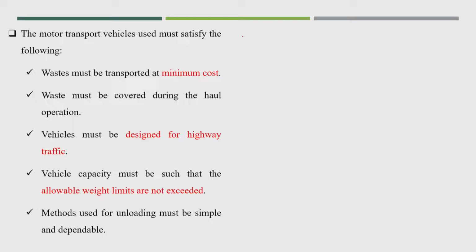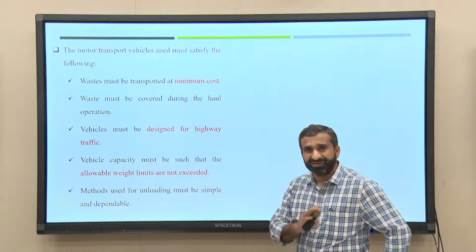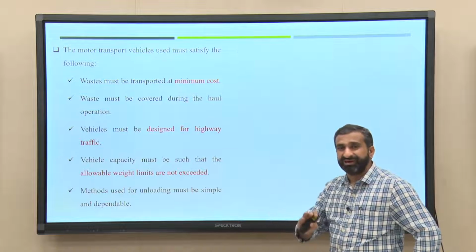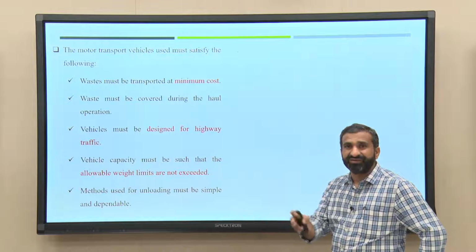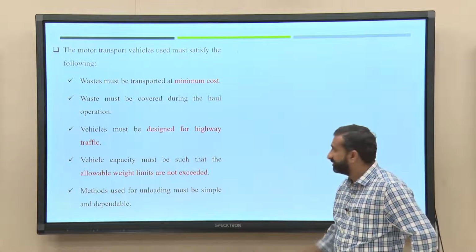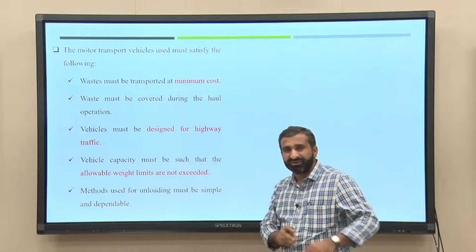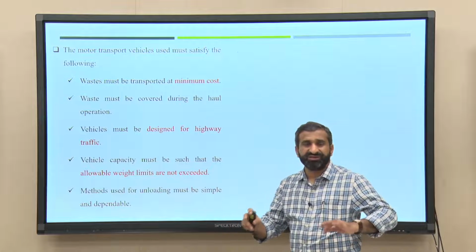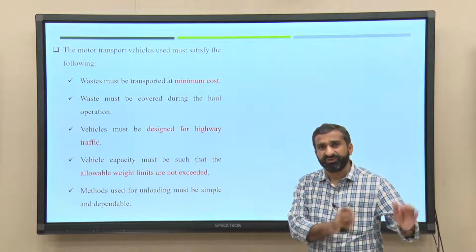The vehicle must be designed for highway traffic. This is very important, because in highway traffic the speed of the other vehicles is very high. We need to see how best this kind of vehicle will travel under such traffic. Also, the length of the vehicle is very large, and somewhere you will require U-turns.